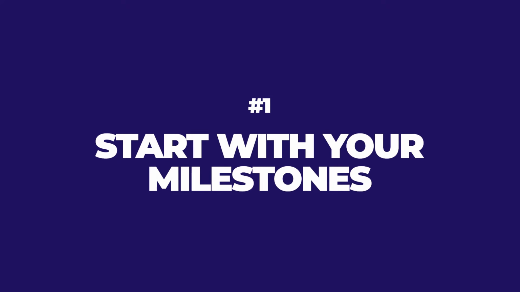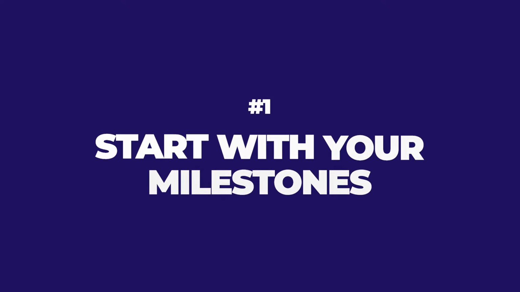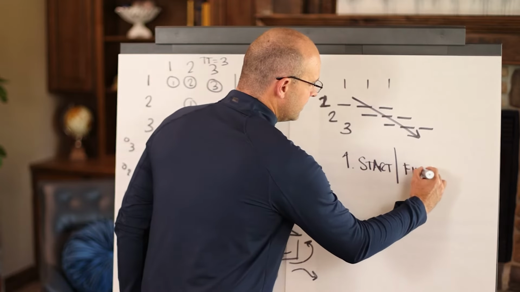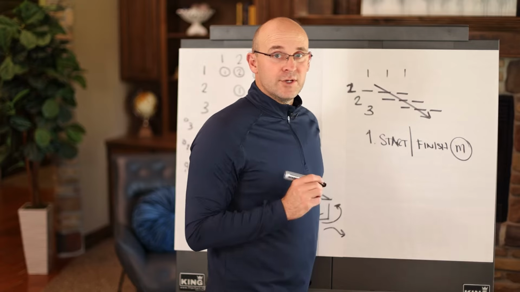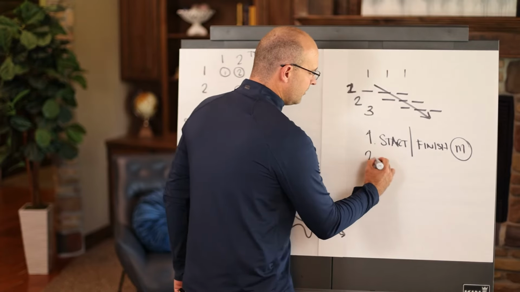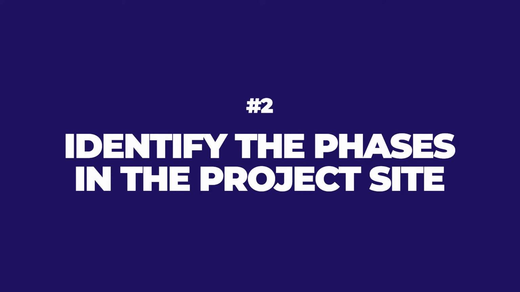Number 1, you have to start with your milestones. So you need your start and your finish, and I'll put an M for milestones. Once you have your finish milestones, you then need to identify your phases on the project site.